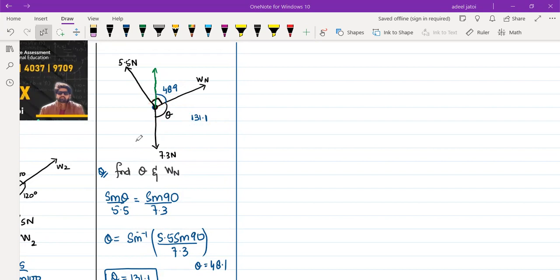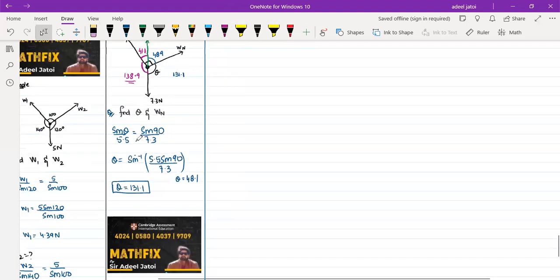Now, knowing that this is 90 degrees and this is 131.1, we can find the angle for the W Newton, which will be 138.9. You can either add 90 plus 131.1 and subtract it from 360, or you can find this angle, which will be 41.1, and then subtract from 180 to get 138.9.